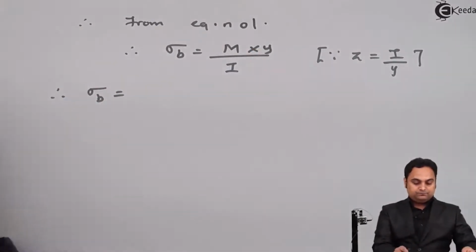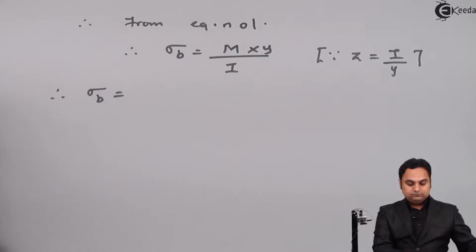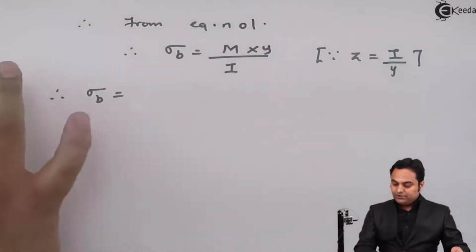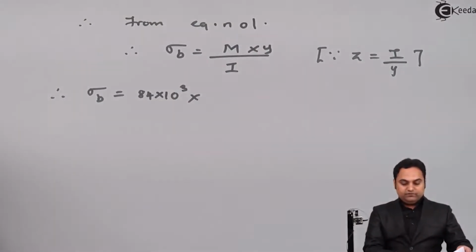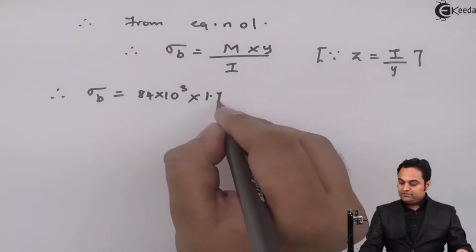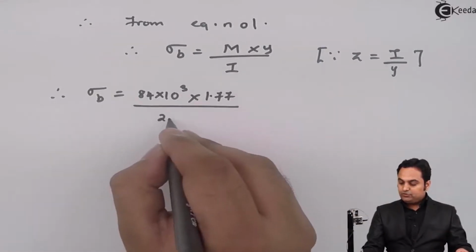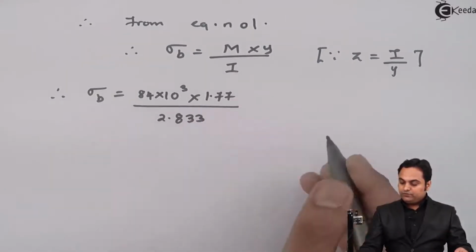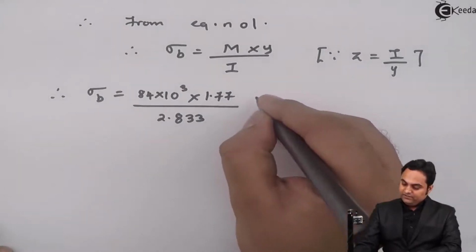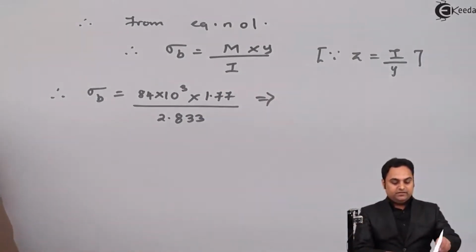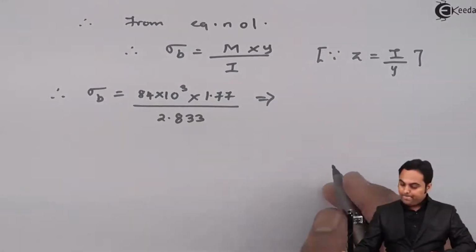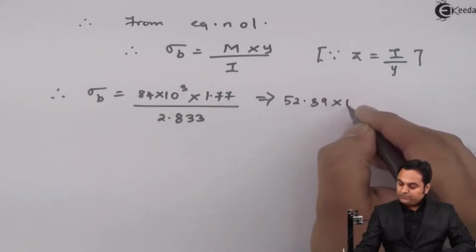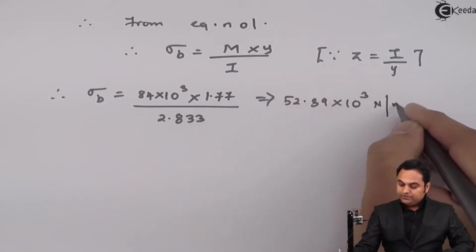Bending moment was 84 into 10 raised to 3, the y value we have found is 1.77, and I is 2.833. From this I get the value of bending stress, and my answer comes out to be 52.39 into 10 raised to 3 Newton per meter square.